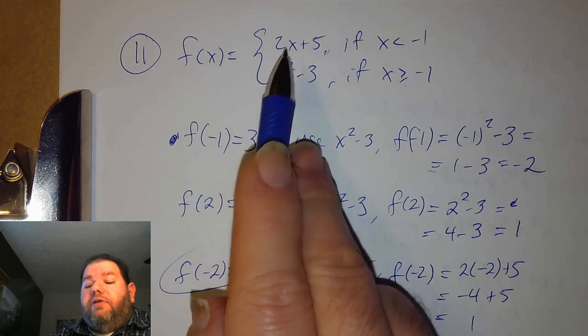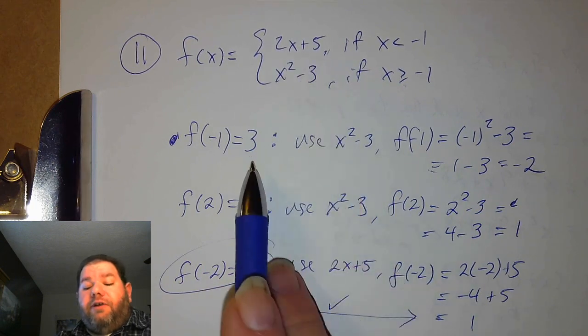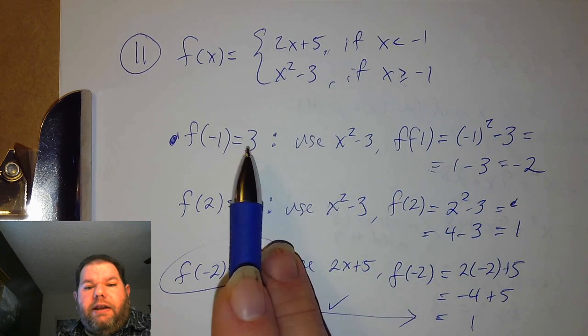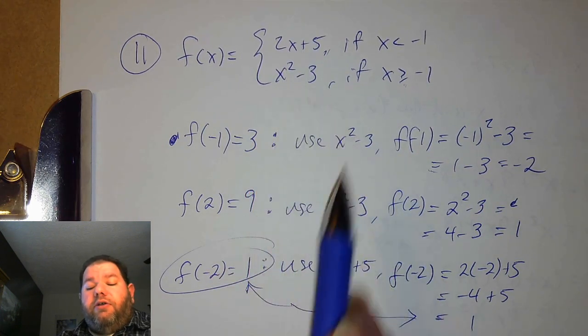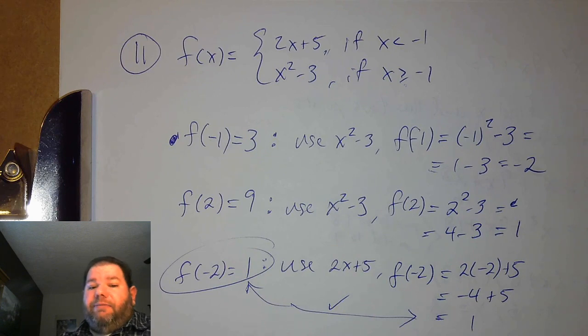If you plug it into the wrong one, 2x plus 5, you actually get that 3, and that's how I got that answer as a potential solution. So we have to make sure we're plugging it into the right one, otherwise we mistakenly believe that it is true. And I think that's where I caught a lot of you on that problem. It is a little bit tricky, I admit. I need to make it challenging.